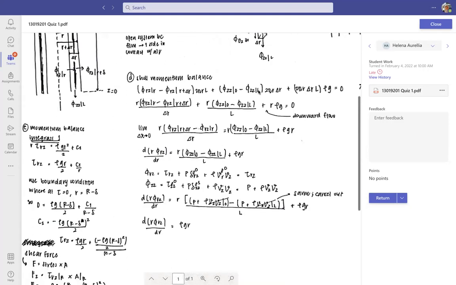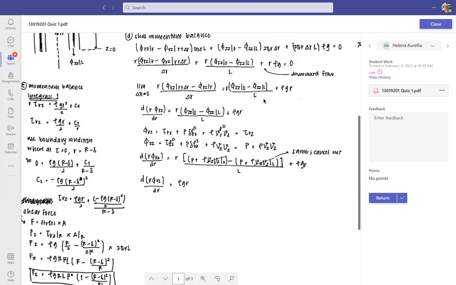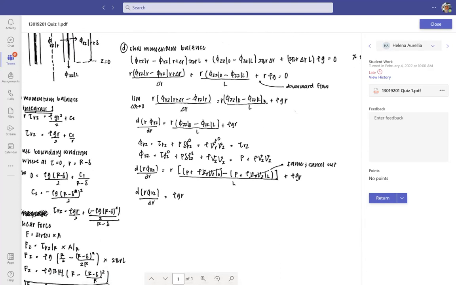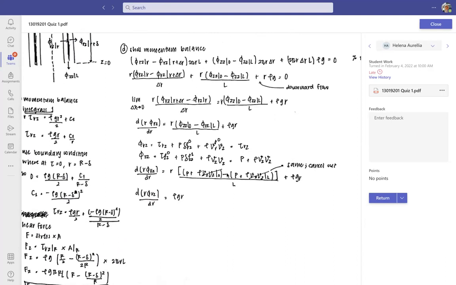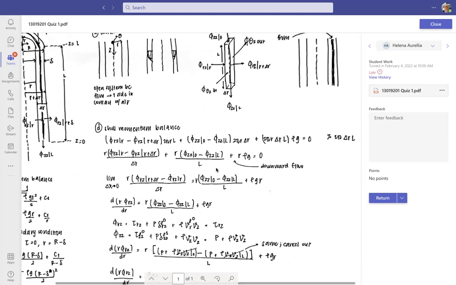And then part D, shell momentum balance. This one's cancelled out. You have to really write how you get this limit. So you have to write that this part is divided by what.